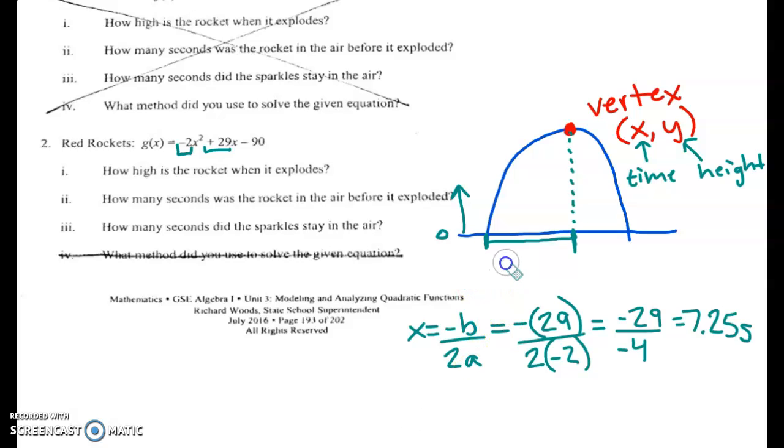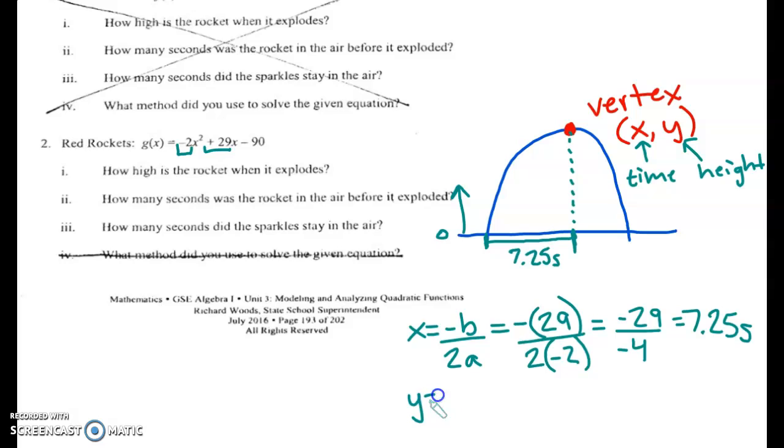That's what that means. So I'm going to go ahead and label this: 7.25 seconds. But the first question is, how high is the rocket? Well, that's seconds. That's how long it took. So I need to know how high, which is the y value of the vertex.